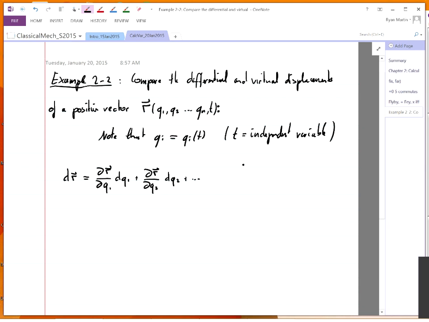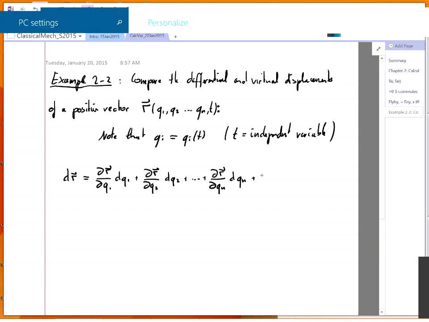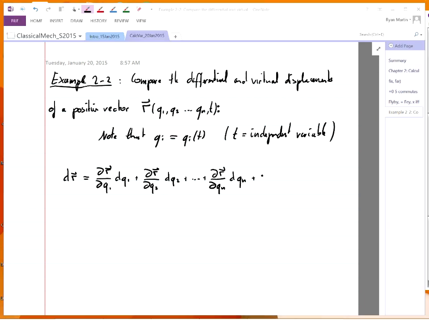Just the chain rule and the calculation of the differential according to the calculus that you already know, plus ∂r vector by ∂qn dqn. And since r depends on t, then there's a term at the end, ∂r vector by ∂t dt.